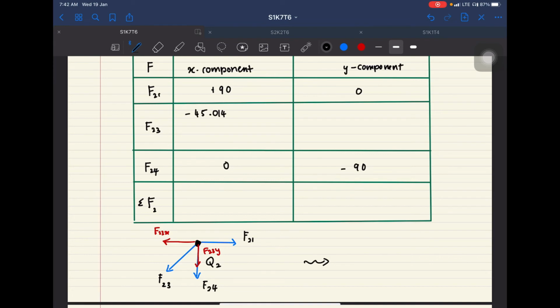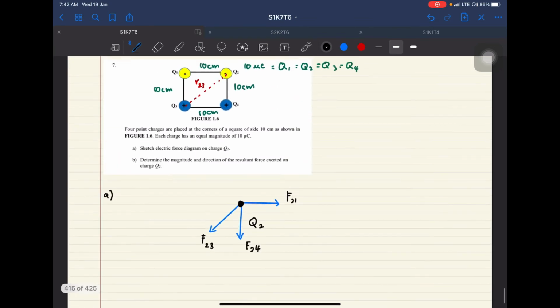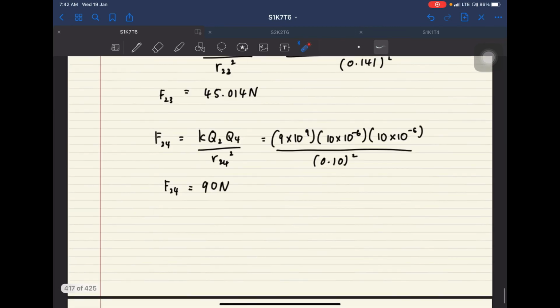I forgot to calculate the angle. But this one would be 45 degree, because this one is a square. We go back to the diagram. It's a square, so every side is the same. So it will be 45 degree over here. Okay, so that one is easy.